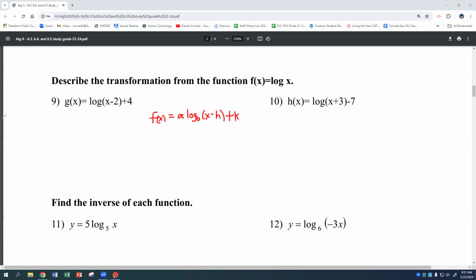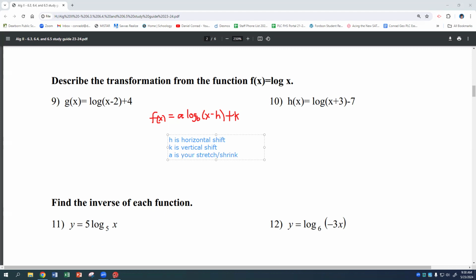Okay, h is your horizontal shift, if we remember. So h is horizontal shift. k is vertical shift. And then a is your stretch or shrink.